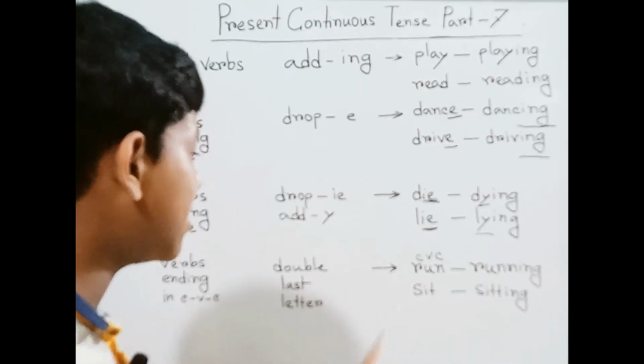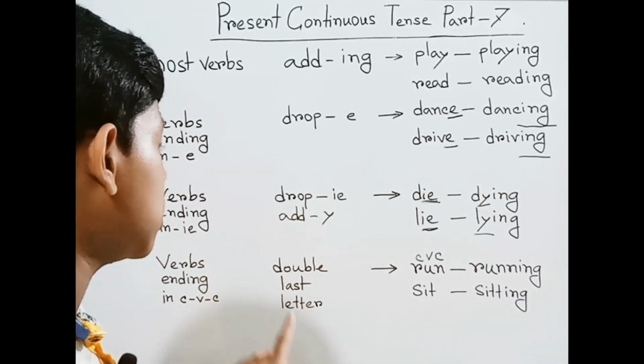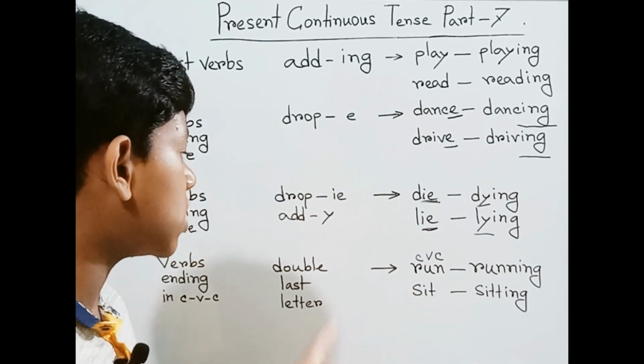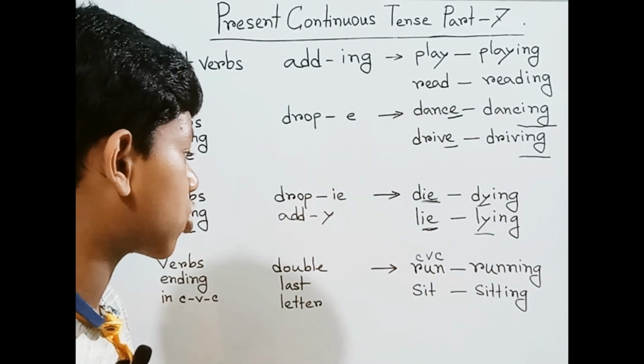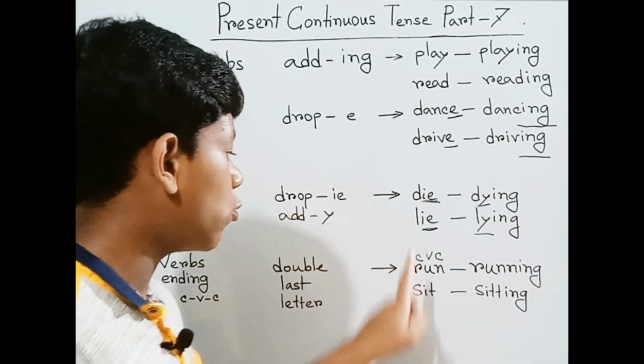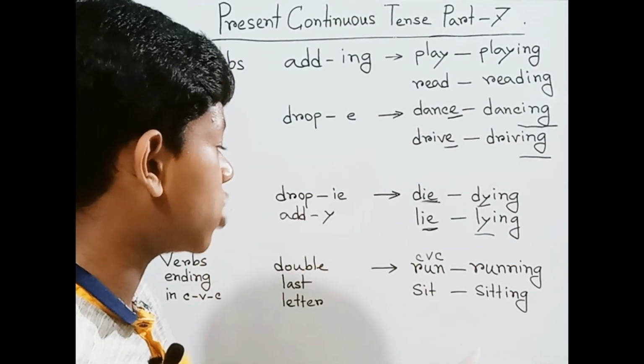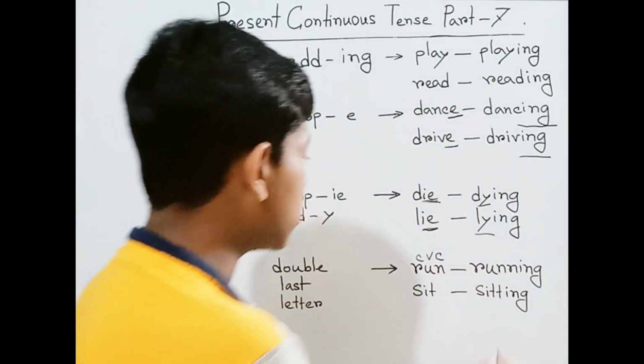So in this case, you can change it by doubling the last letter. The word ends with N, which is a consonant, so it will be doubled.